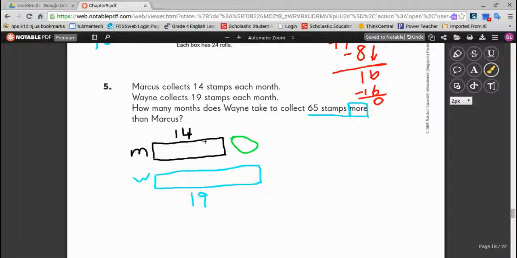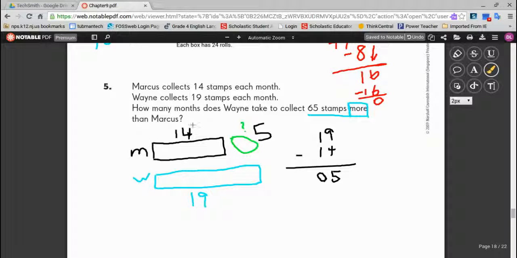Remember, this is how much Marcus collects. This is how much Wayne collects, 19. And right here is how much more Wayne collects than Marcus. And when I'm trying to find the difference between Wayne and Marcus, I'm subtracting. So here I'm trying to find the difference between Wayne and Marcus in a month, which means I'm subtracting the 19 by Wayne minus the 14 by Marcus, and I find out that 19 minus 14 is 5. Alright, so Wayne collects 5 more stamps each month.